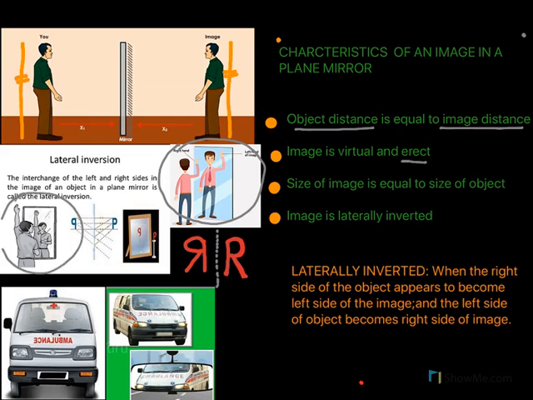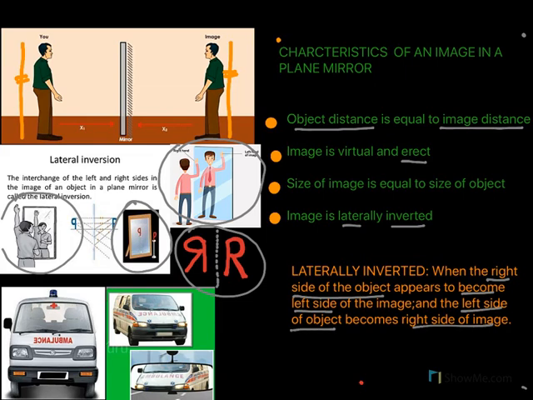It's seen very well in alphabets. If you put an R in front of the mirror, it appears inverted. So lateral inversion means the right side of the object appears to become the left side of the image, and the left side of the object becomes the right side of the image.